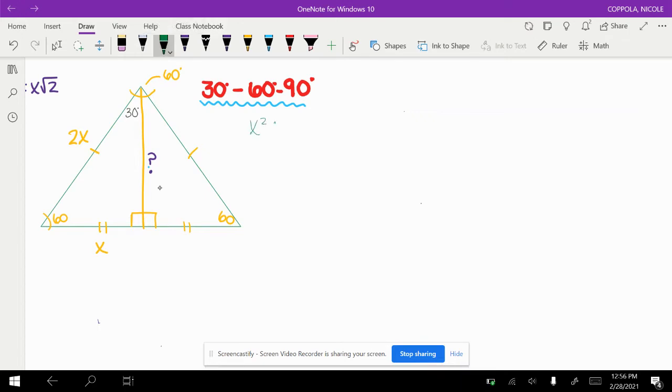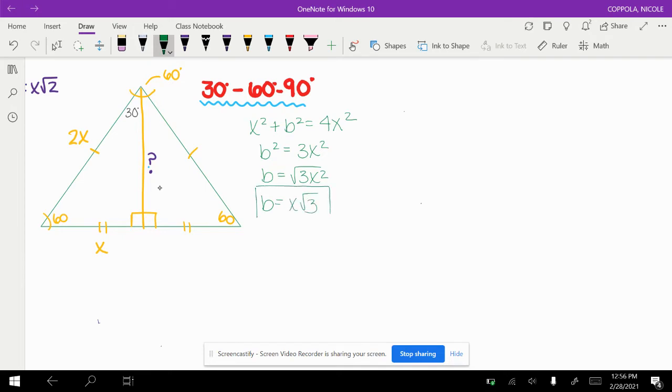I've got x squared plus, I'll call it b squared, is equal to my hypotenuse squared. 2x squared is really 4x squared. So solving for the side opposite the 60-degree angle, we get the square root of 3x squared, or the square root of x squared is x, so x rad 3.